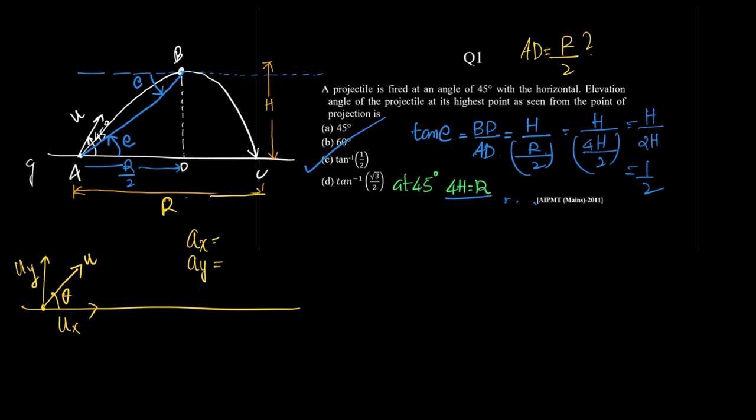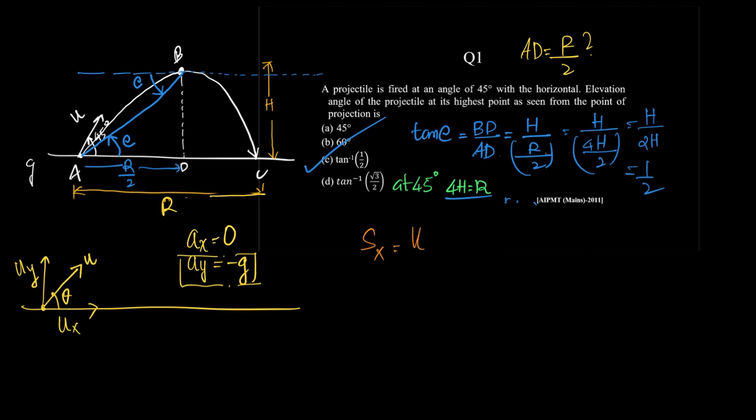What is horizontal acceleration here? Horizontal acceleration is 0 and vertical acceleration throughout the motion will be minus g. So there is only one component of acceleration acting, which is the vertical acceleration. So on the basis of this, if you write the third equation of motion, what do we get?